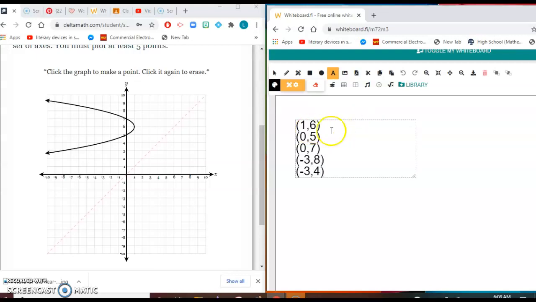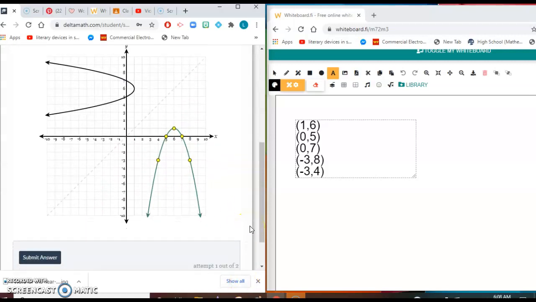All right, so remember now I just swap the x and the y. So 1, 6 will become the point 6, 1. 0, 5 would become 5, 0. 0, 7 would become 7, 0. The next one would be 8, negative 3. And the next one would be 4, negative 3.